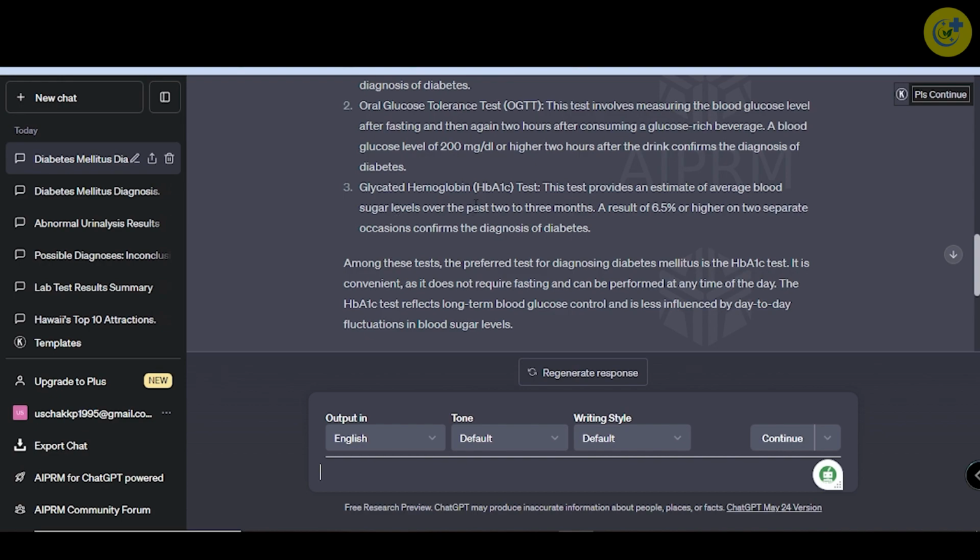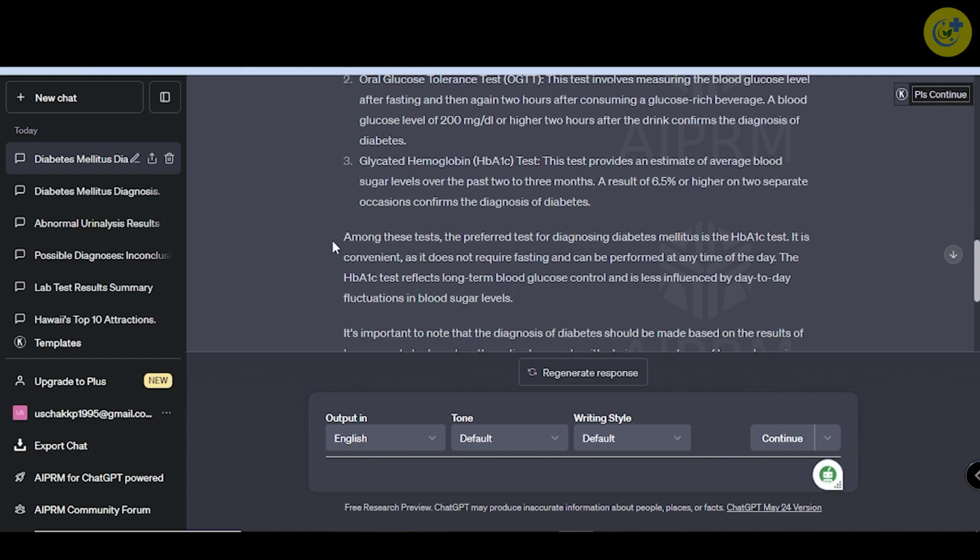This test provides an estimate of average blood sugar levels over the past 2 to 3 months. This is very important. The HbA1c test helps to estimate average blood sugar levels over the past 2 to 3 months. A result of 6.5% or higher on 2 separate occasions confirms the diagnosis of diabetes.